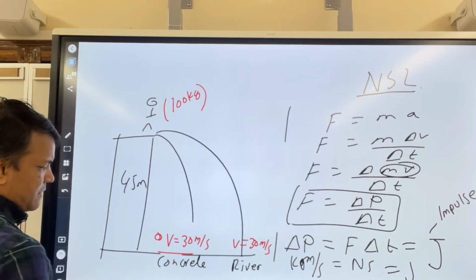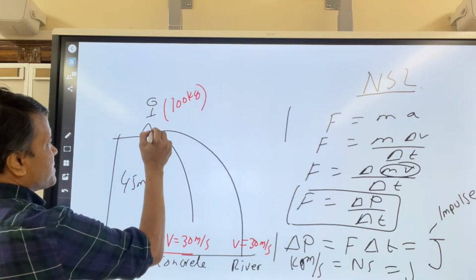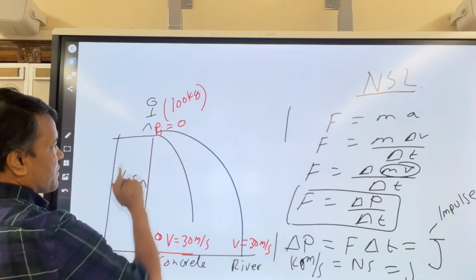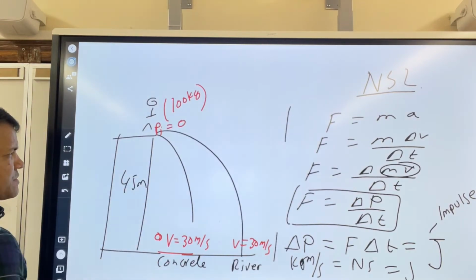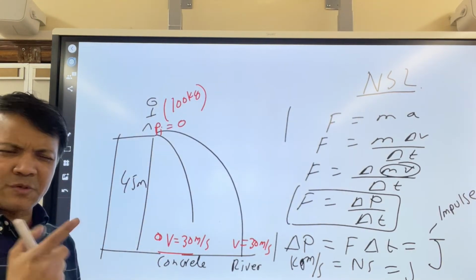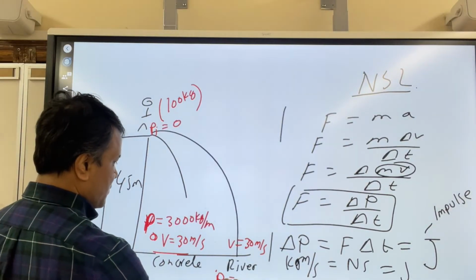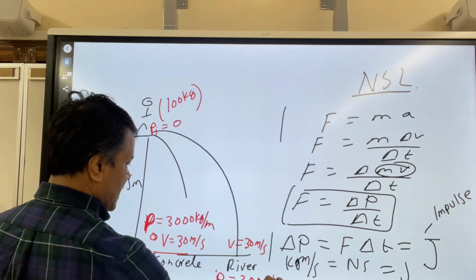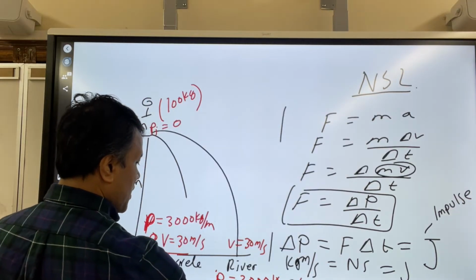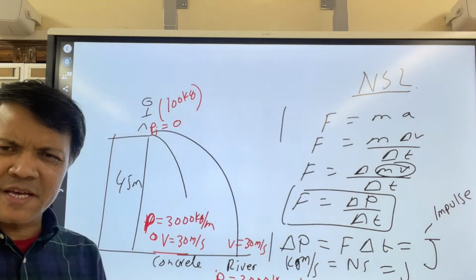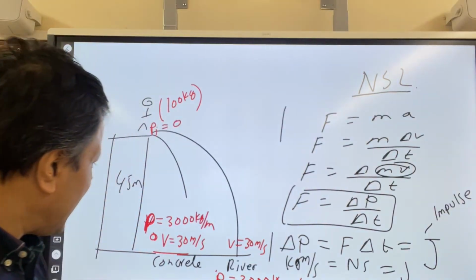So what does that mean? That means the initial momentum is 0. In both cases, the initial momentum is 0 because he was at rest on the rooftop. The final momentum would be 3000 kilogram meter per second. In both cases he experienced the same impulse.